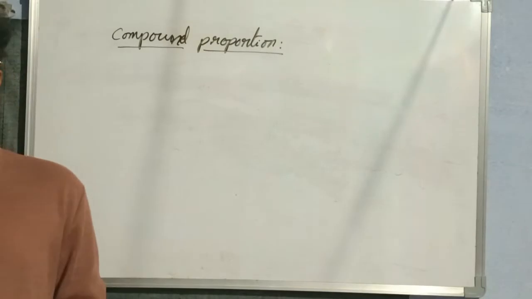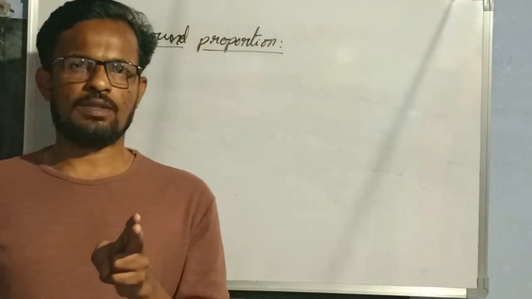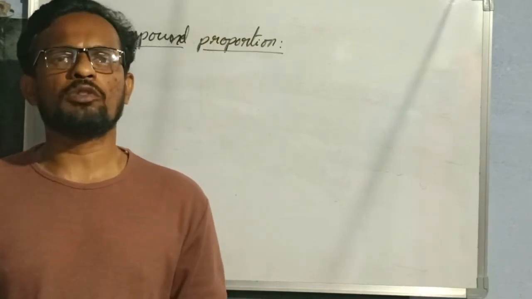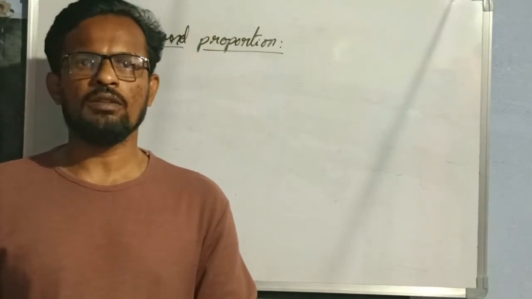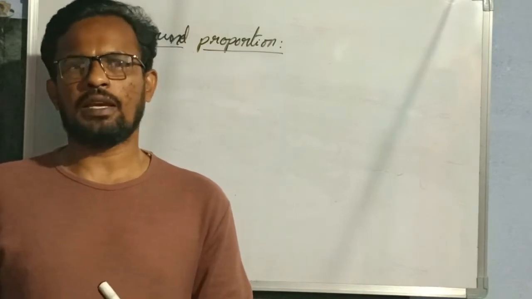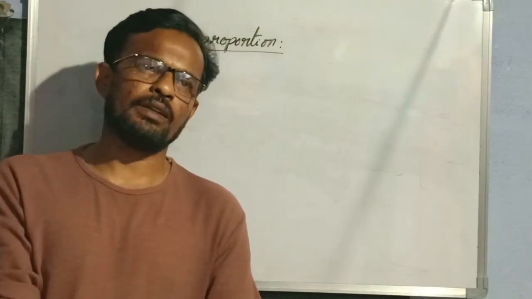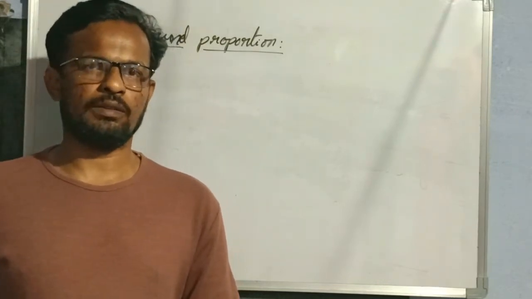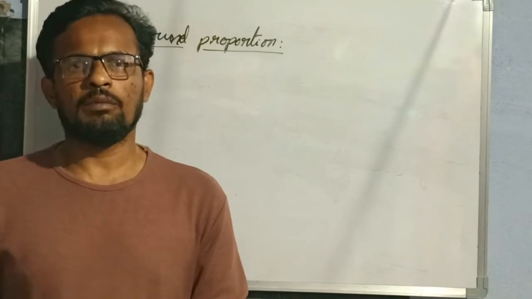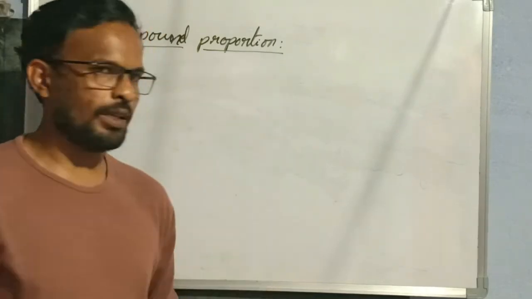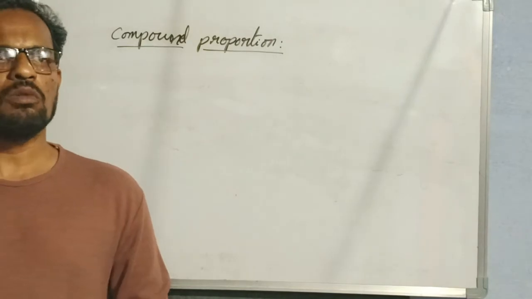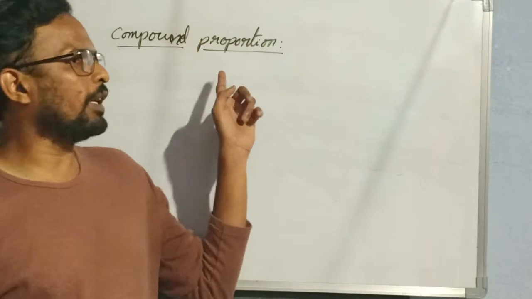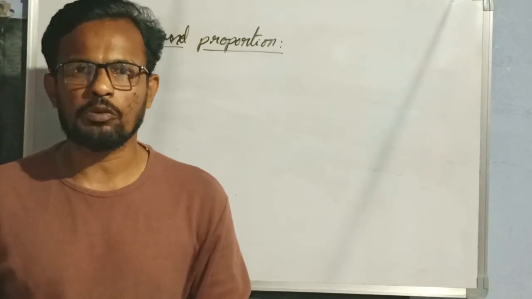Here also we will be having proportions. Two quantities may be in direct proportion or in inverse proportion, but here we compare more than two quantities. Either they may be in direct proportion or in inverse proportion, mixed together, which becomes the compound proportion. So when we compare more than two quantities using proportion, that is called compound proportion.